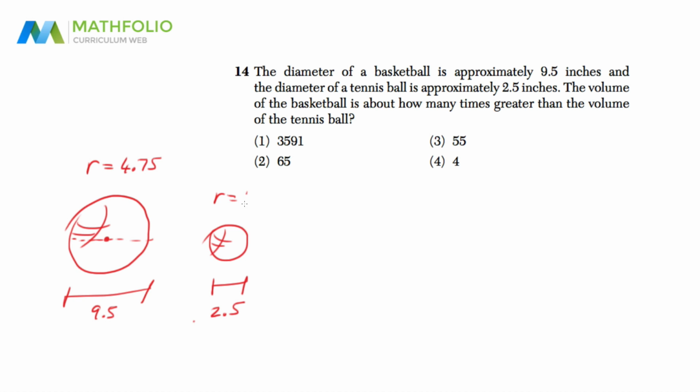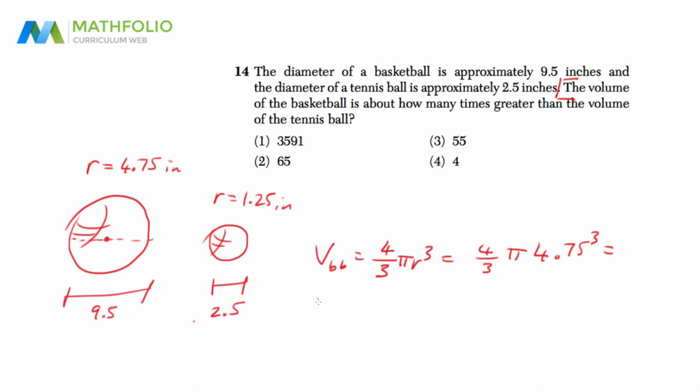So the radius here is half that, 1.25. These are all inches. It says the volume of the basketball is about how many times greater than the volume of the tennis ball. Well, volume of basketball equals, the formula is on the formula sheet, 4/3 pi r cubed, which equals 4 over 3 pi times 4.75 cubed.